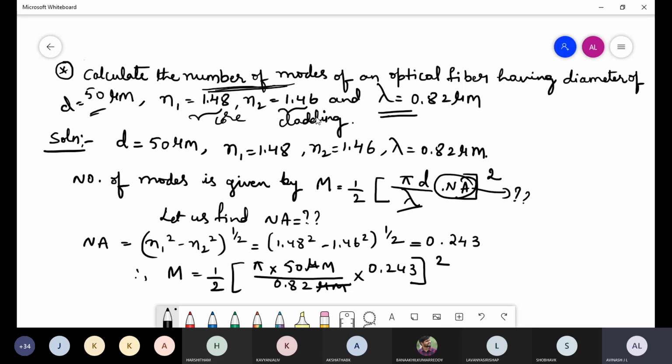The micrometer gets cancelled. You calculate the value of pi into 50 into 0.243 divided by 0.82, whole square. Tell me what is the value of M at the end. I am asking every student to solve this one and tell me what answer you are going to get.